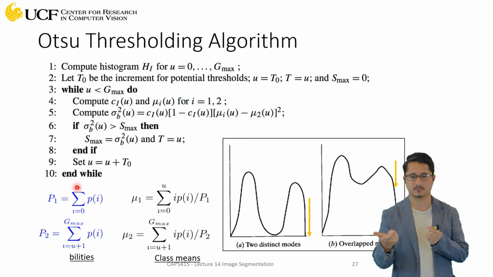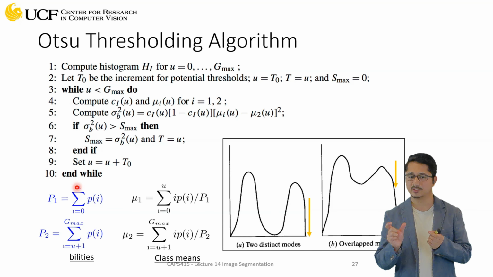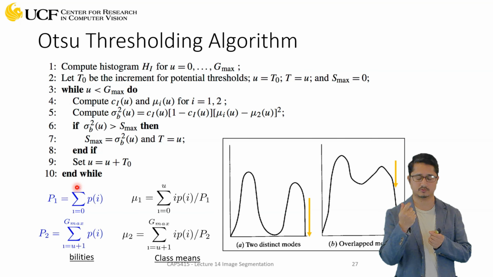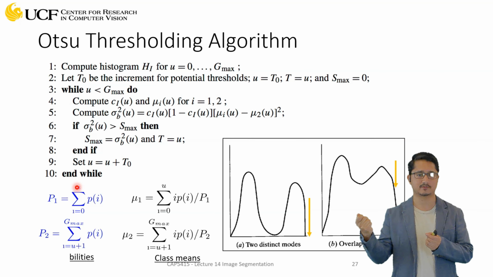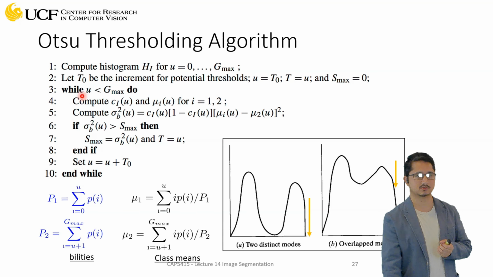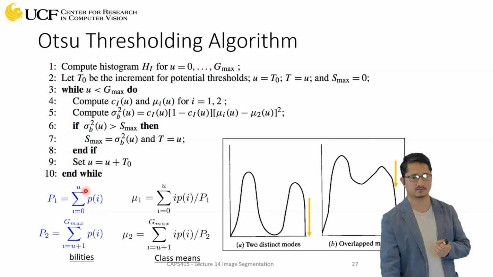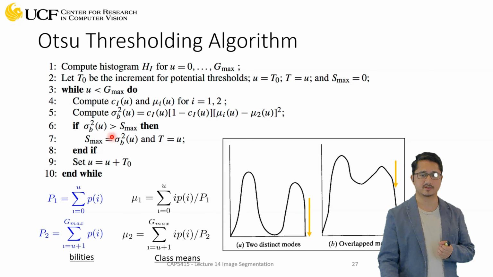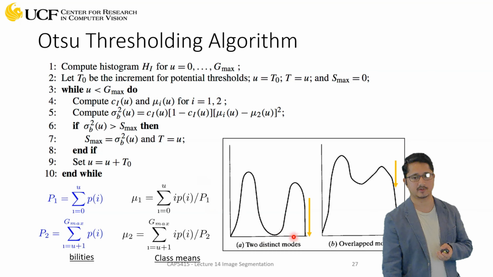So in brute force, you will compute between class variance for threshold 0, threshold 1, threshold 2, threshold 3, all the way up to 255. That's exactly what this Otsu algorithm is going to do, and that's what this loop is doing here. Inside this loop, you compute your interclass variance for all the possible threshold values.